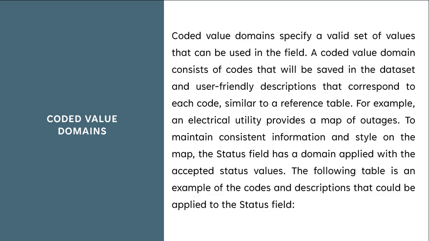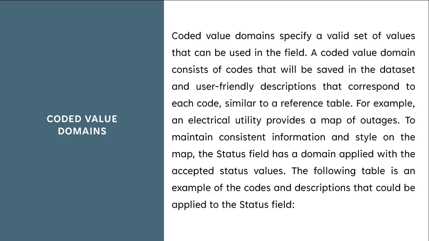A coded value domain consists of codes that will be saved in the dataset and a user-friendly description that can correspond to each code, similar to a reference table. For example, an electrical utility provides a map of outages. To maintain consistent information and style on the map, the status field has a domain applied with accepted status values.